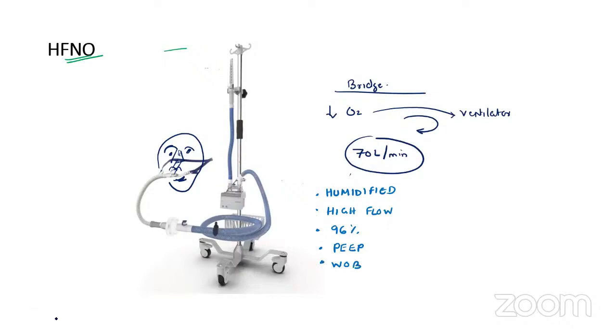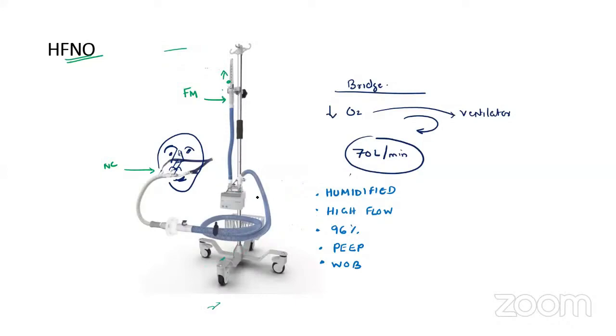Now, to identify a few of them, please note, this is the cannula, you call it nasal cannula, of the HFNO. This is the flow meter, which shows how much oxygen is flowing depending upon the ball which moves up and down.